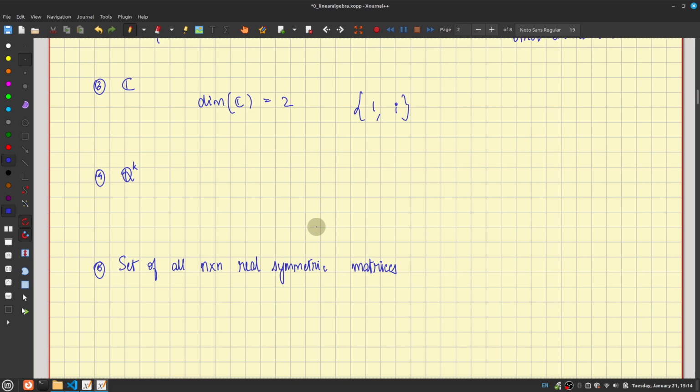Zero is there. It is not closed under scalar multiplication. For example, if I take any vector over here and multiply it by say root 2, then I don't get another vector with rational entries. So closure is important for it to be a vector space. Again, as I said, we're looking at vector spaces over R. So in this case, this is not a vector space.